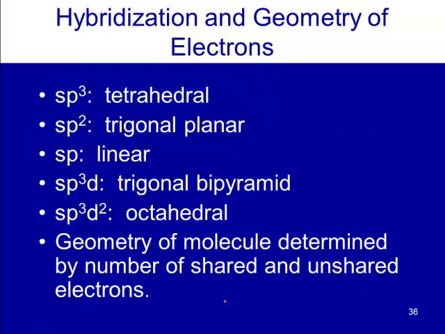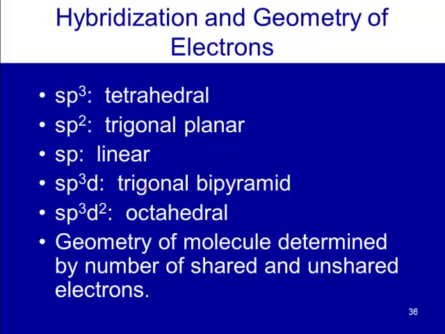So with that, this slide summarizes that. You'll have sp3, it will be the tetrahedral for electrons. sp2, that will be trigonal planar. sp, that will be linear. sp3d, trigonal bipyramid. sp3d2, that's octahedral. And now you can see it's converging back to the shapes predicted by the VSEPR theory.